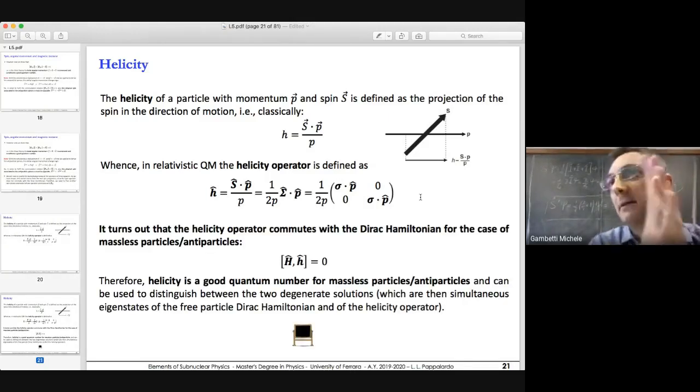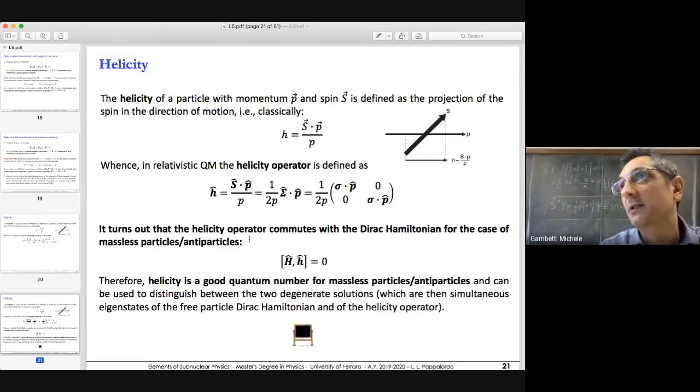And indeed, it turns out that the helicity operator commutes with the Dirac Hamiltonian, although only for the case of massless particles and massless antiparticles. So for the moment, let's forget about the mass. Suppose that all particles and antiparticles, or let's say all spin 1/2 fermions, are massless, essentially leptons and quarks are massless.